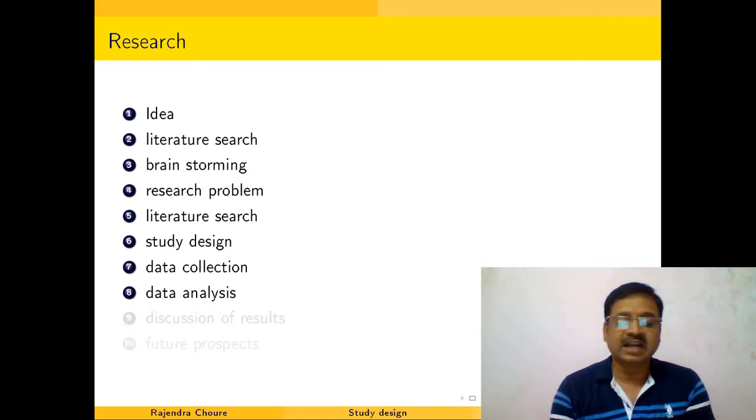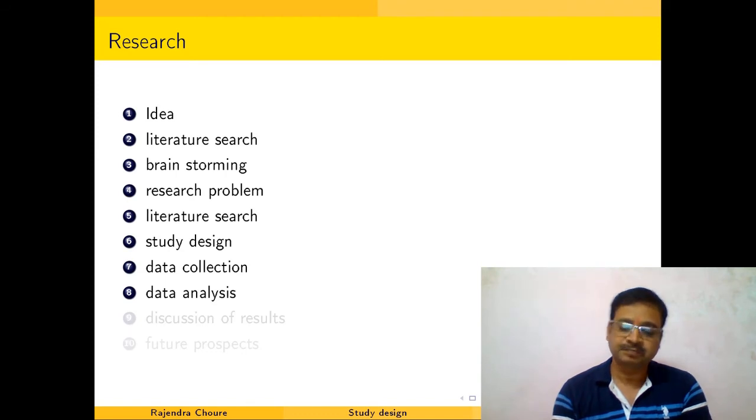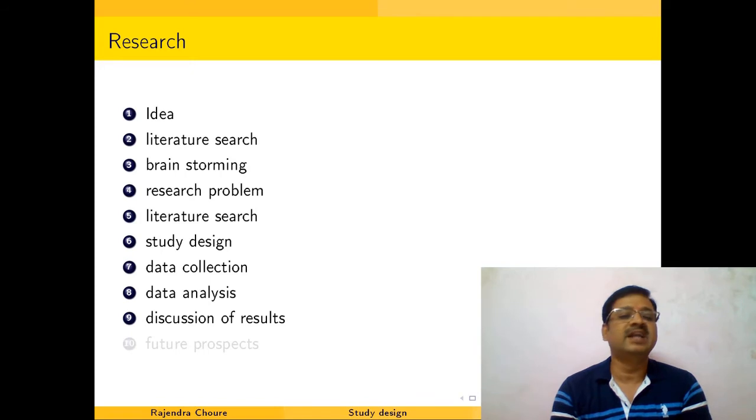Then after data collection, there comes the data analysis. There are different methods of data analysis, different tools are available for data analysis. And data analysis will provide you knowledge about your data, will provide you ability to interpret that data. And after analysis of that data, interpretation will be there, discussion of those results which you obtain will be there, and these results you will publish.